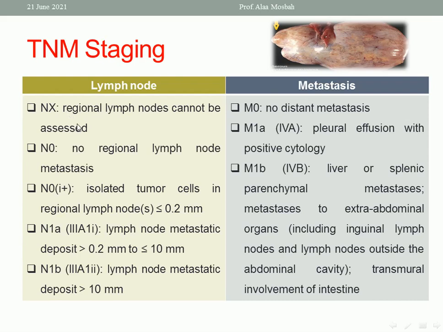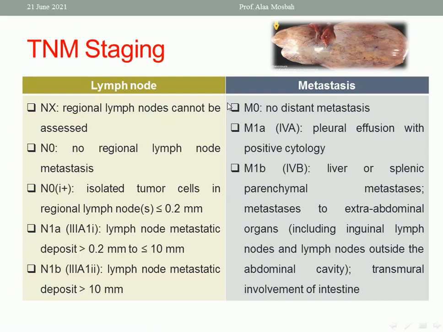NX means regional lymph nodes cannot be assessed. N0, no regional lymph node metastasis. N0(i+), isolated tumor cells in regional lymph nodes less than 0.2 millimeter. N1a, lymph node metastasis deposit more than 0.2 millimeter to 10 millimeters or less. N1b, lymph node metastasis deposit more than 10 millimeters.